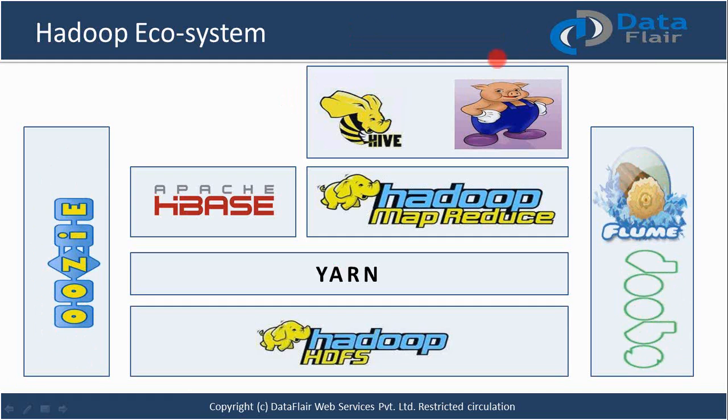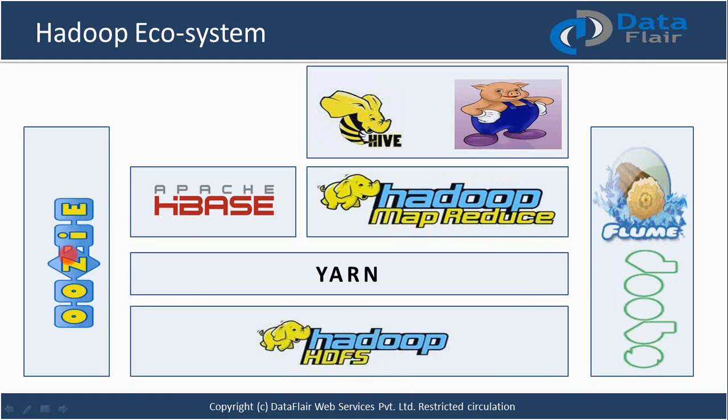For script persons, they can use Pig. Mostly Hadoop developers and architects will concentrate on MapReduce. By the way, architects need to concentrate on each and everything. Developers will concentrate on MapReduce. Admins will concentrate on deployment, management and monitoring. ETL people can concentrate on Flume, Sqoop, as well as MapReduce, and Oozie.